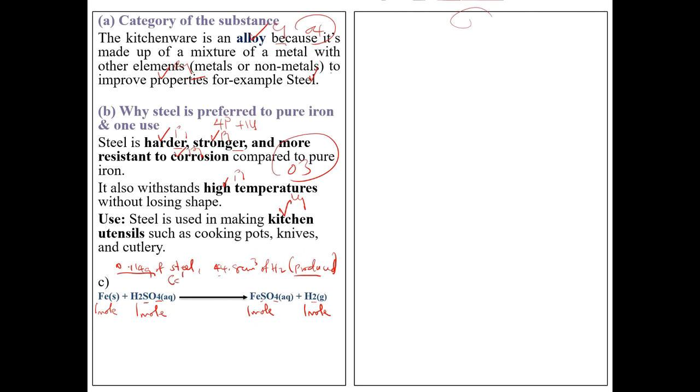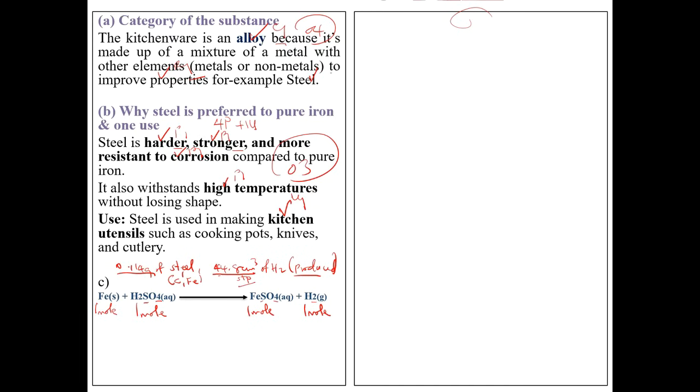It consists of carbon and iron. But carbon is not reacting with the sulfuric acid. So which means iron present in steel is the one which is taking part in the reaction. Now the full mass for steel that reacted is 0.114 grams, and it produced 44.8 cubic centimeters, and they told us it was at STP.